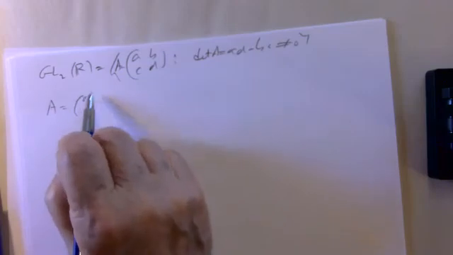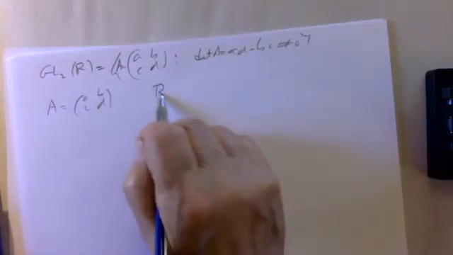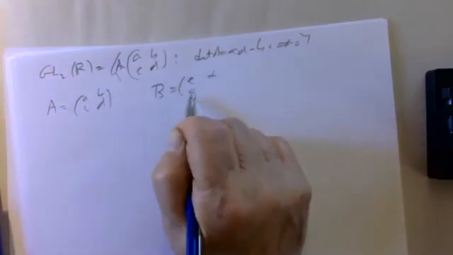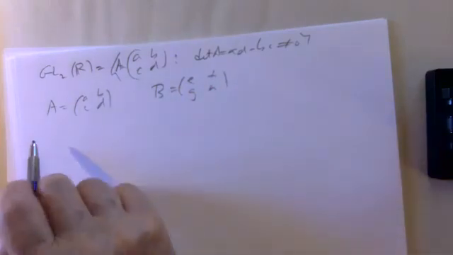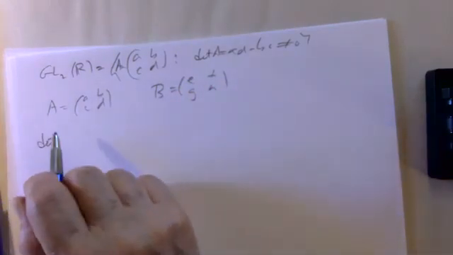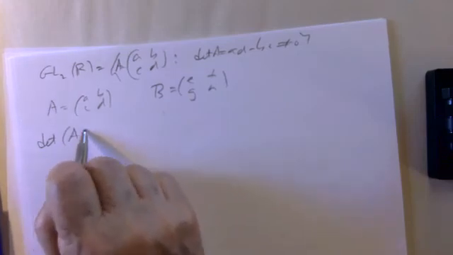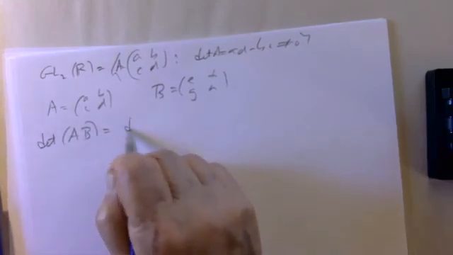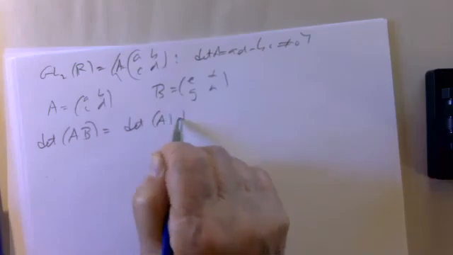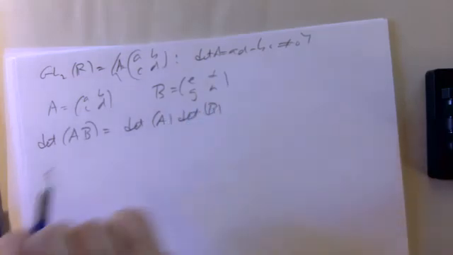So if A is (A, B, C, D), and B is the matrix (E, F, G, H), we proved, this is actually a question on the last exam, the determinant of AB is the determinant of A times the determinant of B.